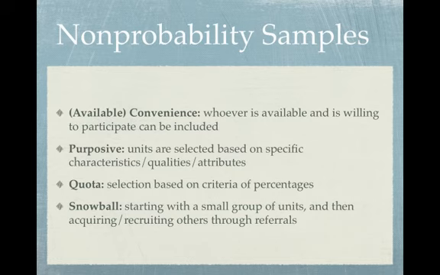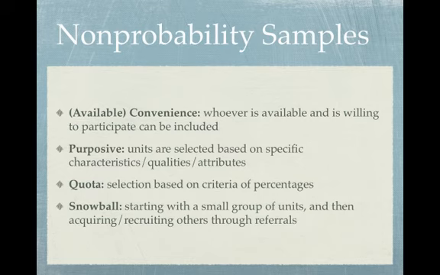A quota sample is one where we recruit participants based on a certain set of percentages. If I want to compare males and females on a certain variable, then I should recruit 50% males and 50% females.